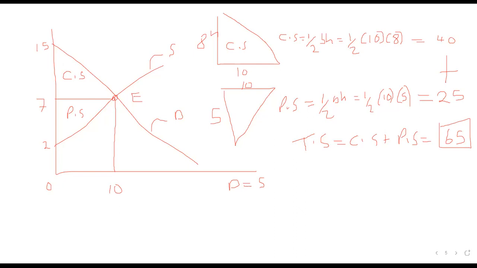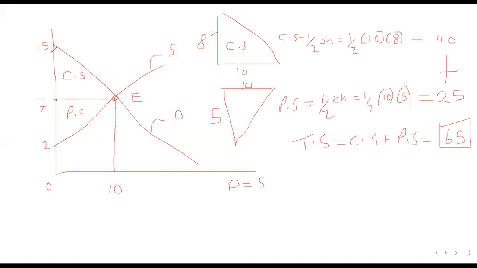So what is producer surplus and what is consumer surplus? Producer surplus is the amount above which a producer can sell. So we're talking about an equilibrium at 7, and the producer is able to sell it at 2.